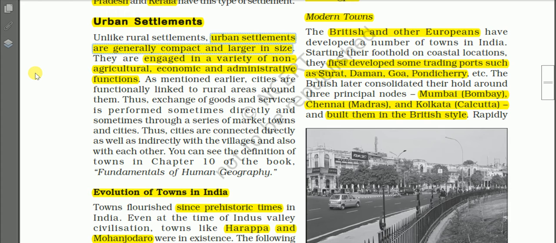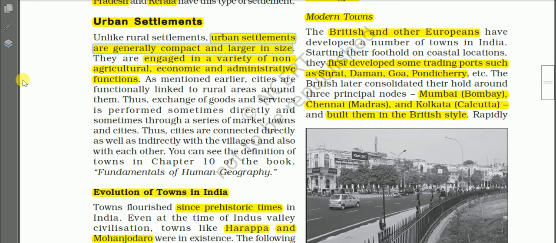Okay, say rural settlements, generally we talked yesterday, are small in size. And some of the urban settlements are dispersed also, and most of the rural people are engaged in primary activities.